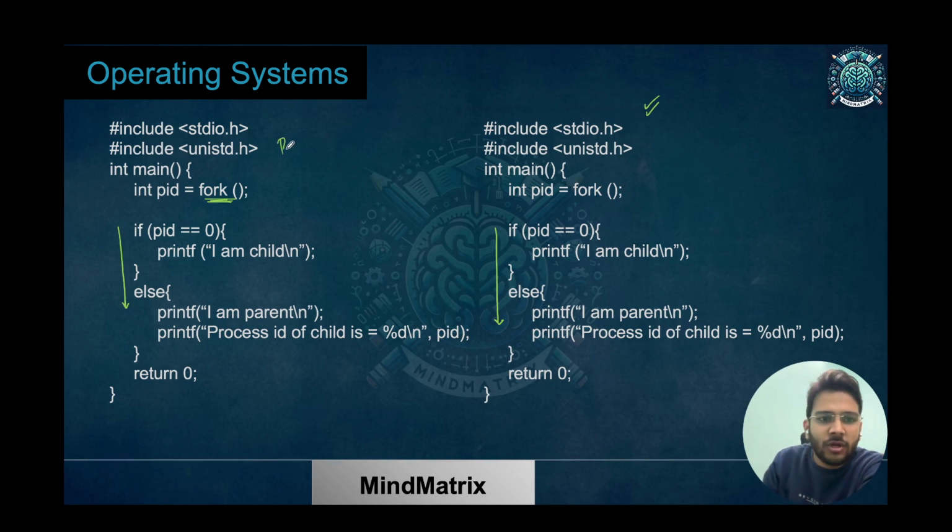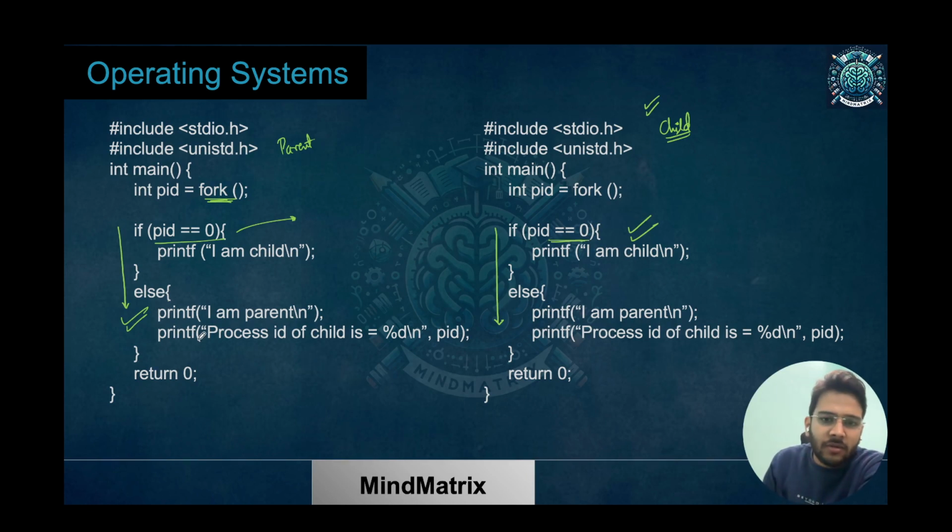So let's say this is your parent process, and an exact copy is created, which we call the child process. Here, if PID is equal to 0, this will be executed by the child process. It is going to print I am child, and the else statement will be printed by the parent. The else statement will not be executed by the child, because PID is equal to 0 in the case of the child.